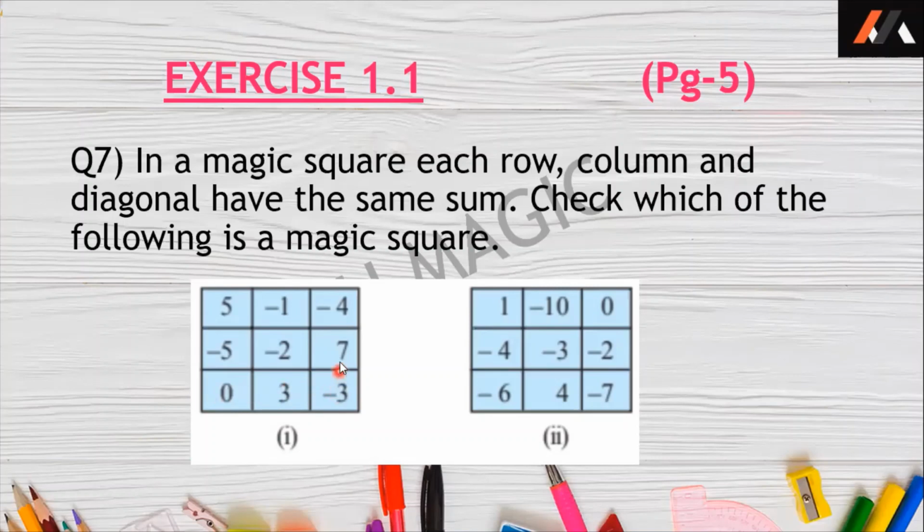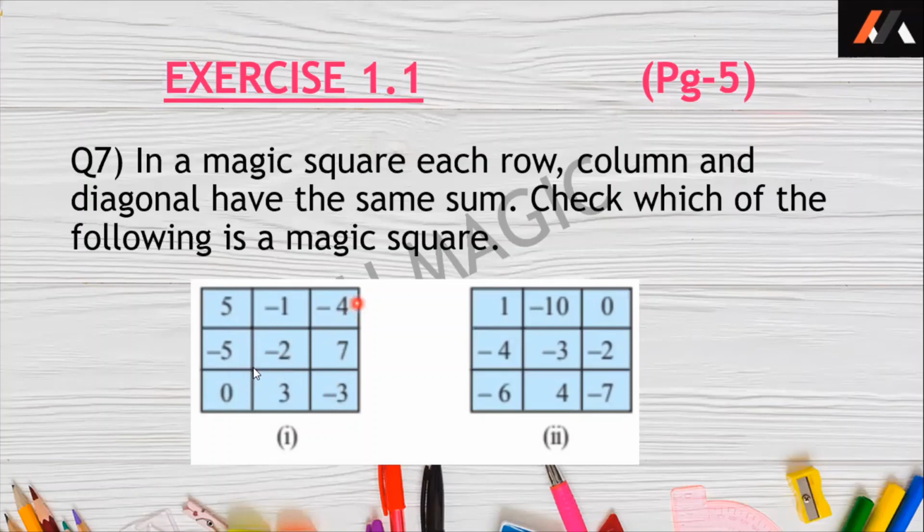Now when we take this last column, we have minus 4 plus 7 plus minus 3. This is also going to be 0 because minus 7 plus 7 is equal to 0. Now this diagonal, 5 plus minus 2 plus minus 3 is 5 plus minus 5. That is equal to 0.